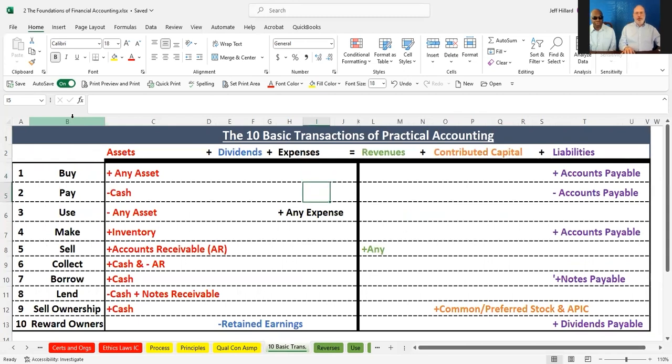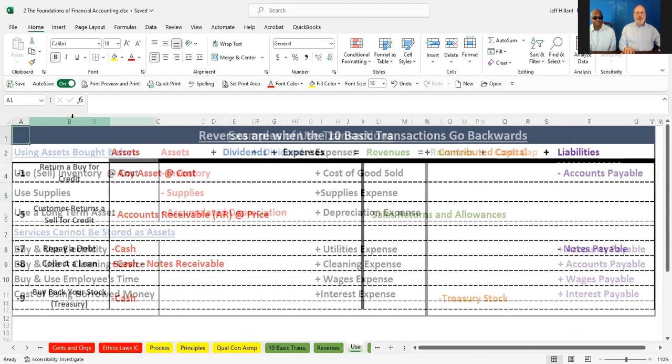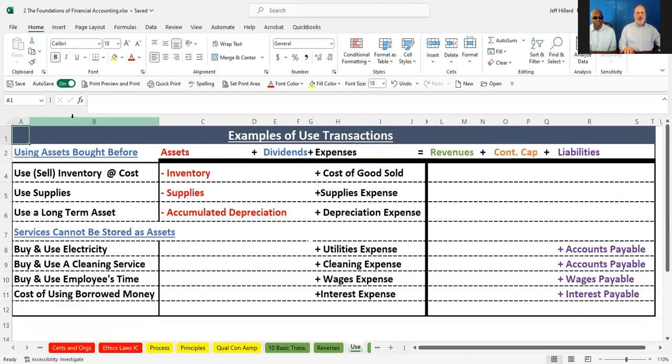The next one we're going to talk about is use. Remember, the use is when you consume things. Uses are the only ways that we make an expense. Okay. And there's really two ways you can create a use. One is by consuming an asset. So the one that we did for Hot Dogs R Us was use inventory.